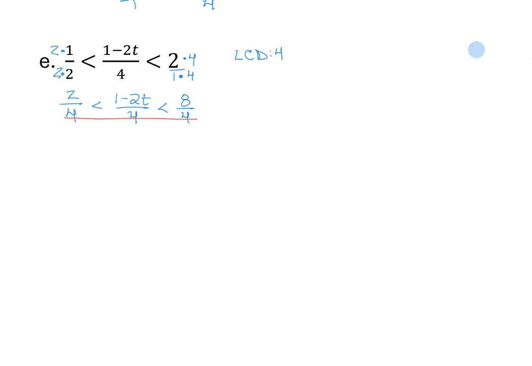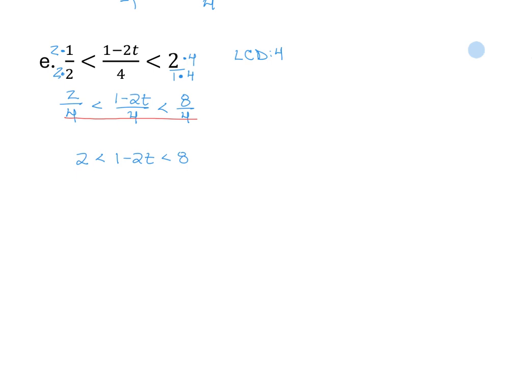And so what we are left with is 2 is less than 1 minus 2t is less than 8. All right, so now we're back to what we saw when we looked at example C.